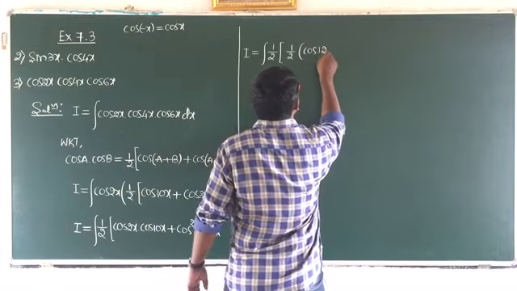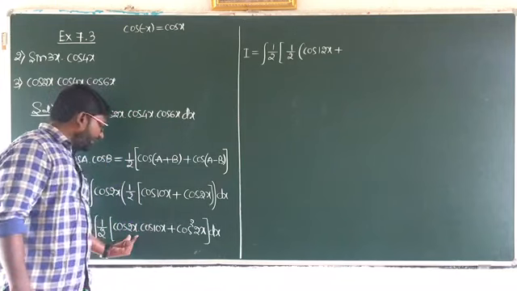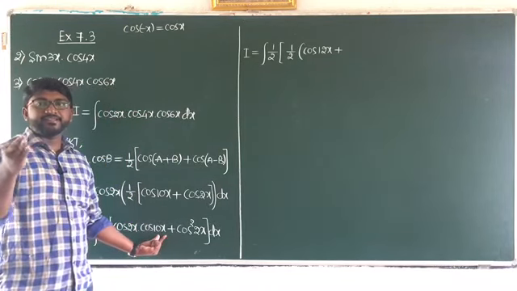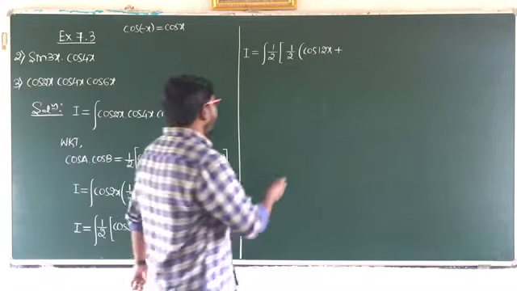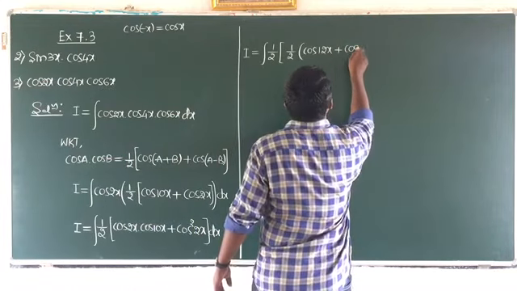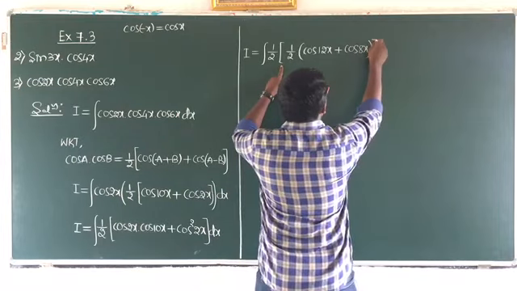So it is cos of A plus B plus cos of A minus B, 2x minus 10x will be minus 8x, cos of minus 8x will be cos of plus 8x. So we get cos 8x, and then I close this bracket.